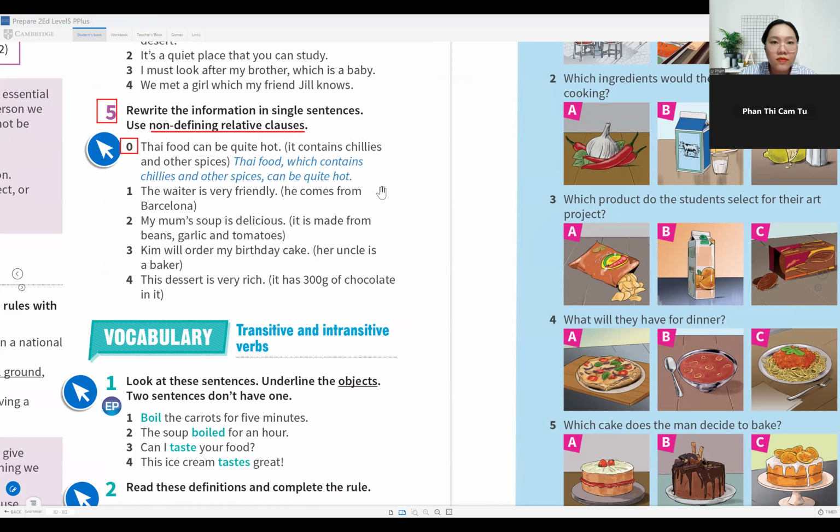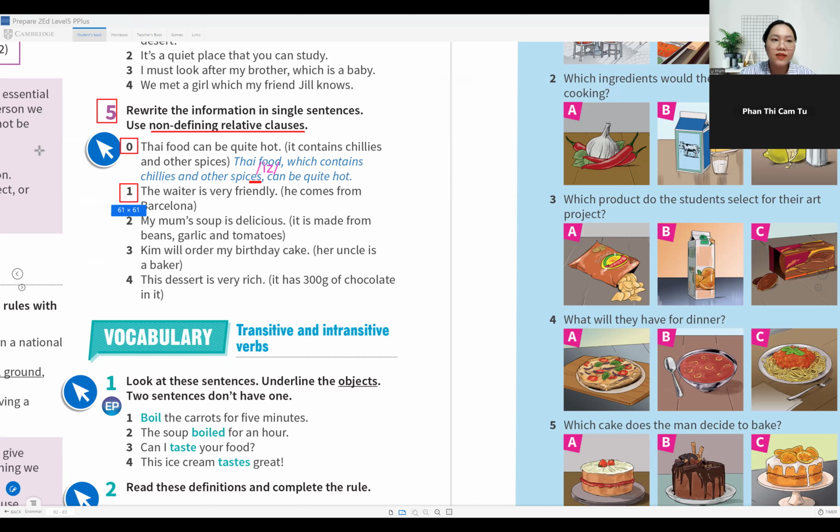It contains chilies and other spices. Thai food, which contains chilies and other spices, can be quite hot. Great. But this one, spices. Put this here, some spices. Great.